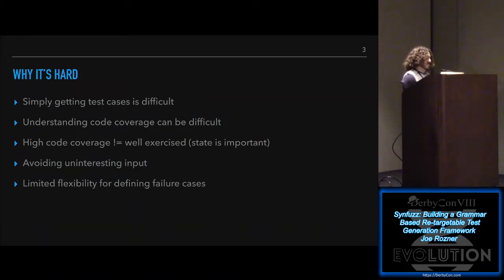The first being that simply getting your test cases is a really hard thing to do. If you've ever worked on software, you know that test cases are not always super common, and depending on how strict your team is, you may or may not have good test coverage. If you're in open source, you have the benefit of getting access to the actual test cases if they exist.